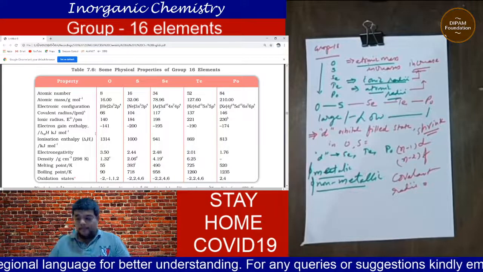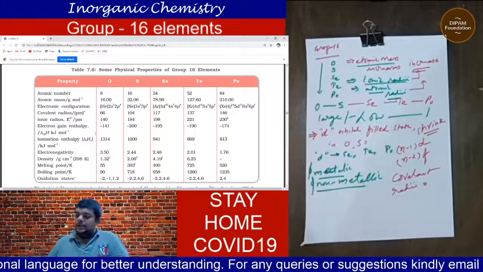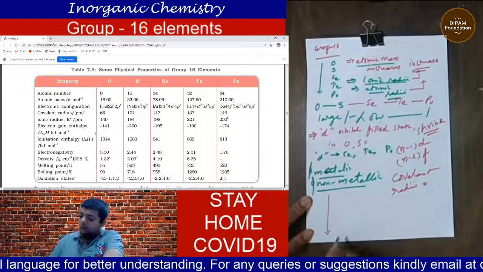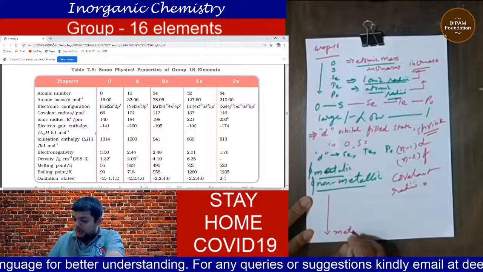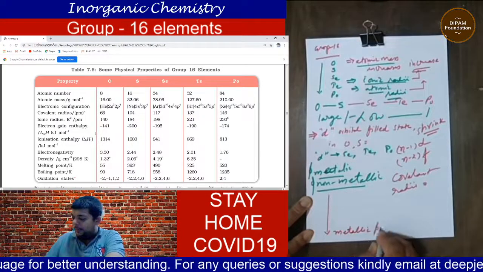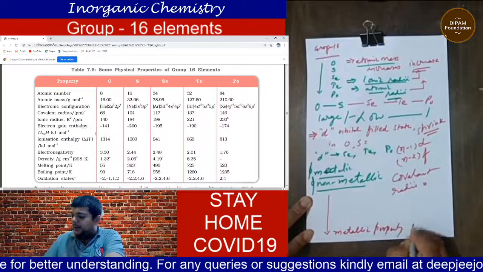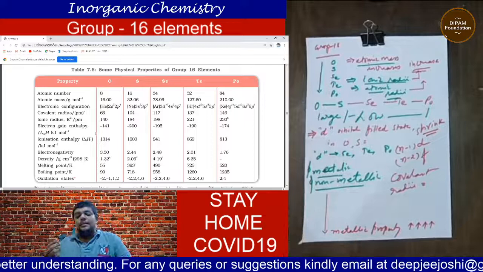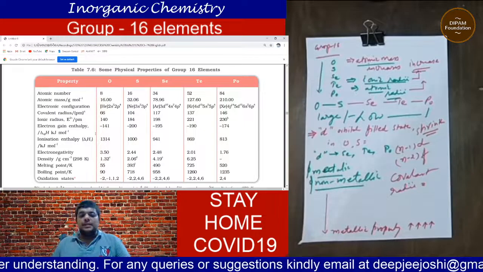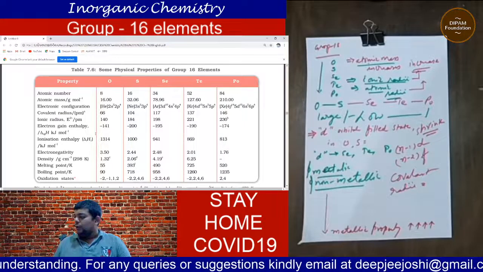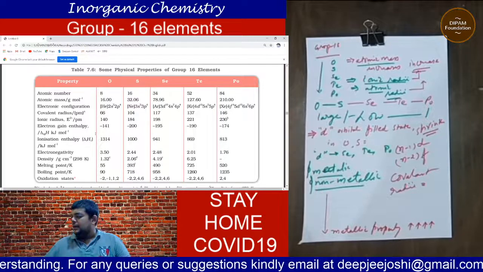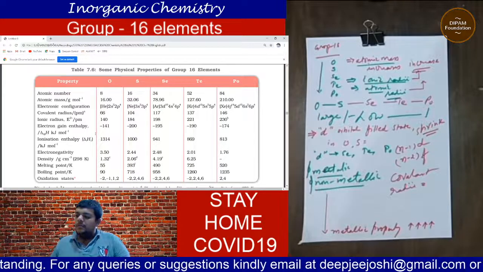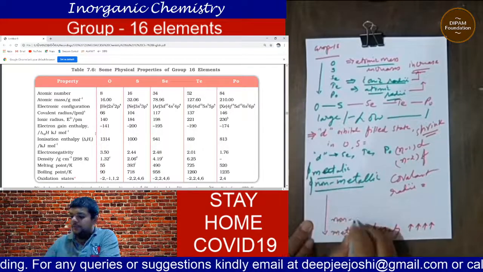Now, coming back to the point, metallic and non-metallic property. Over here, I would like to mention that going down the group, the metallic property increases. If the metallic property is increasing down the group, it is quite clear that the non-metallic property should decrease.